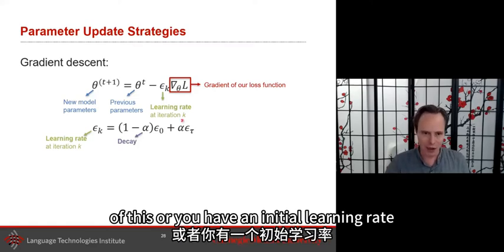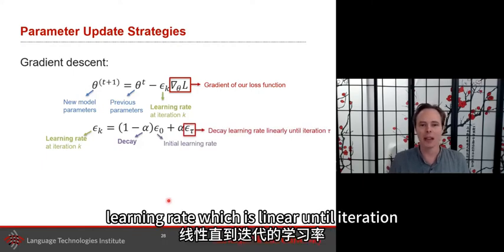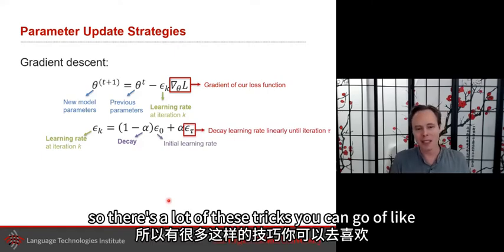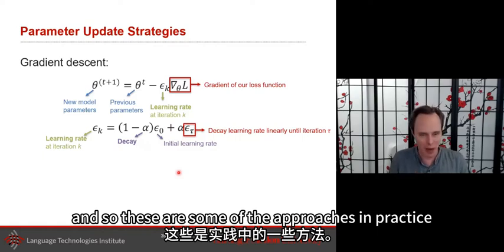You have an initial learning rate, and then you can also have a decayed learning rate, which is linear until some iteration. There are a lot of these tricks you can do, like decaying this and then increasing it. And so these are some of the approaches.